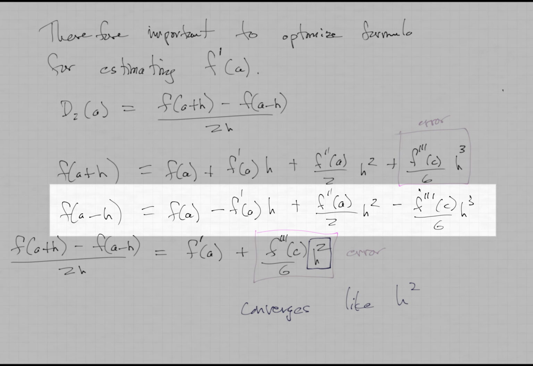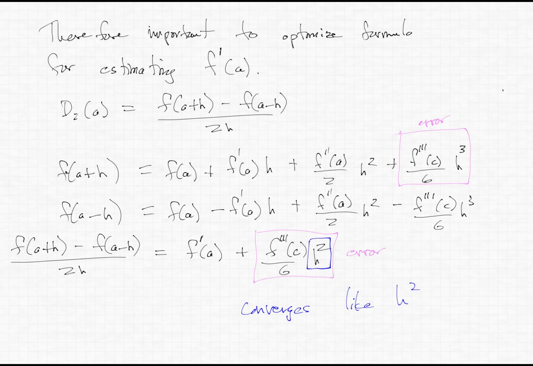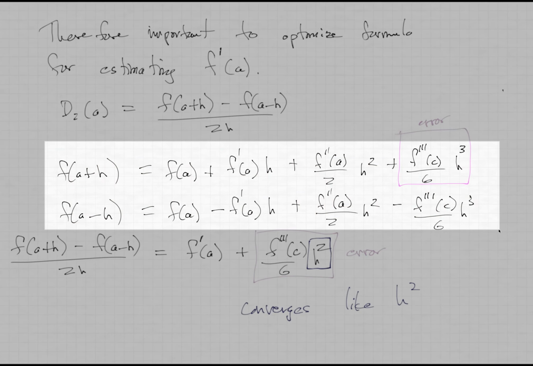And now when you subtract these two expressions, taking the first one minus the second one, you get a lot of cancellations. In particular, these two terms cancel, and also these two terms cancel. The only thing left is the first derivative term, the first order term, and also the error terms, which are third order.